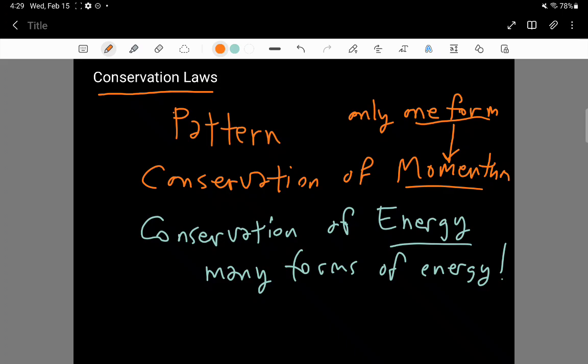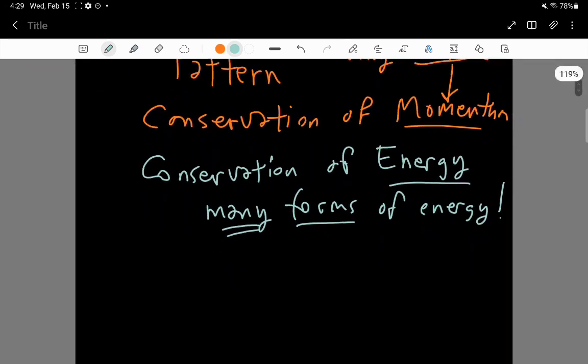It's just mass times velocity. But energy comes in many forms. And one of the most interesting things to do in physics is figure out what are all of the forms of energy.